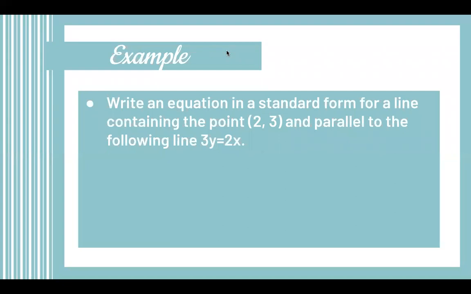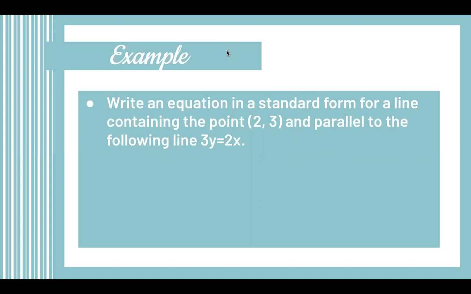So our second example is write an equation in standard form for a line containing the point (2, 3) and parallel to the following line, 3y equals 2x. Well, remember from the first part, we need to solve for our slope. But we're doing it in standard form, which is ax plus by equals c.